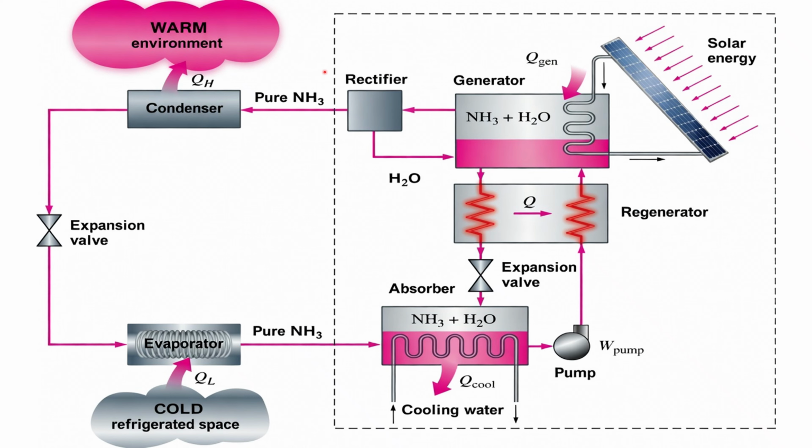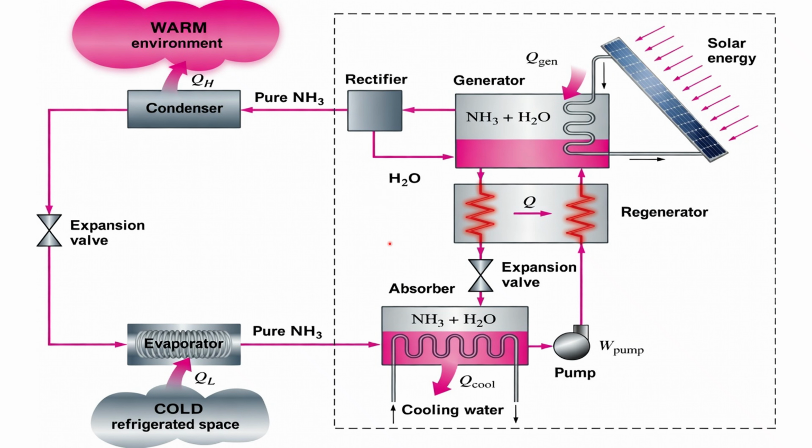Then the compressor has a limited capacity, we know. So these are the limitations of the vapor compression refrigeration system, and that's why we use an absorber and generator in place of the compressor, and that's why this system is called the vapor absorption refrigeration system.